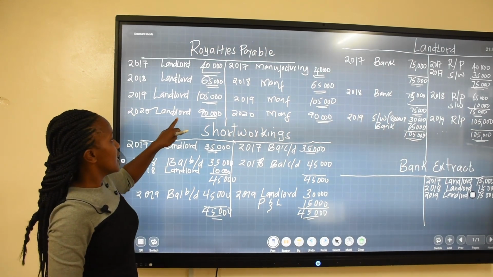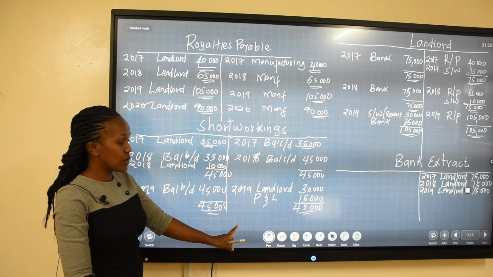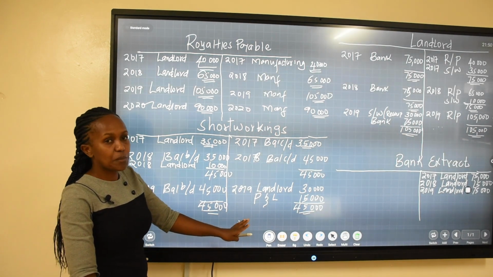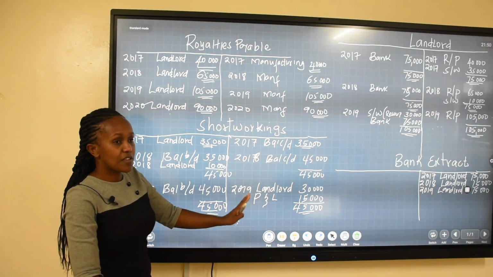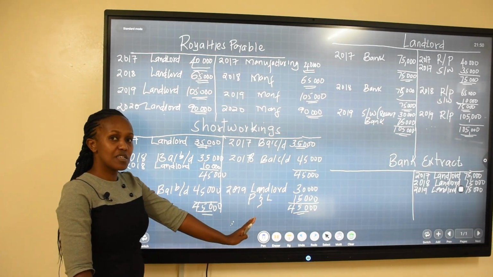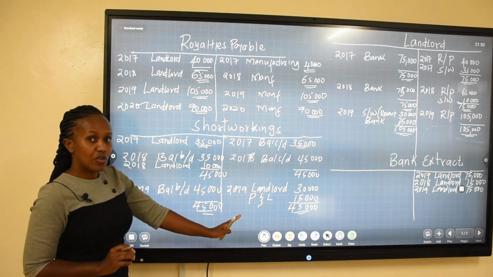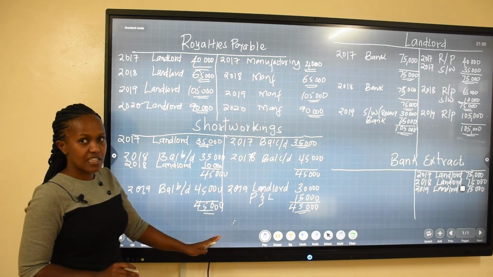Without forgetting, this we have to take it now to the landlord. Remember our short working account, we are done with this. 3 years expired, we no longer are looking at this. If they make more short workings in the future, we are going to be making them and writing them off immediately, because it can no longer be recovered past 3 years.